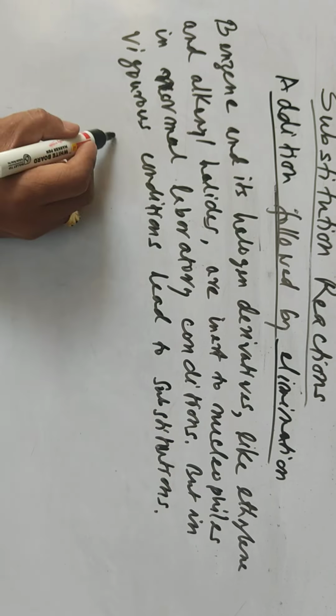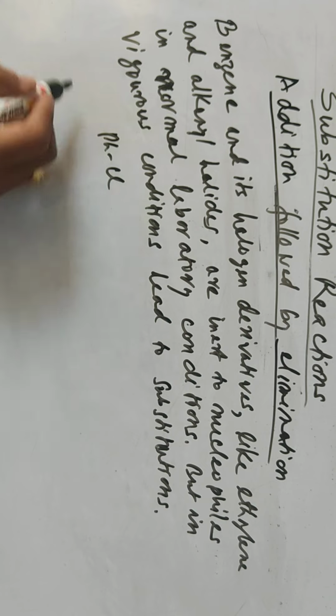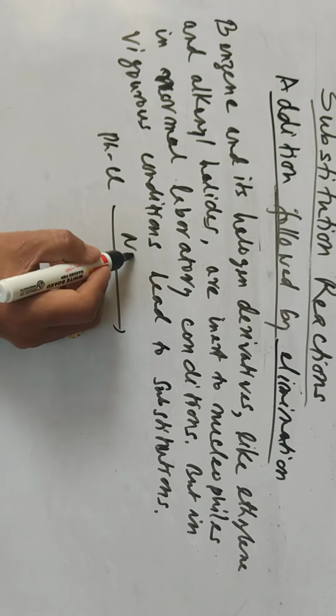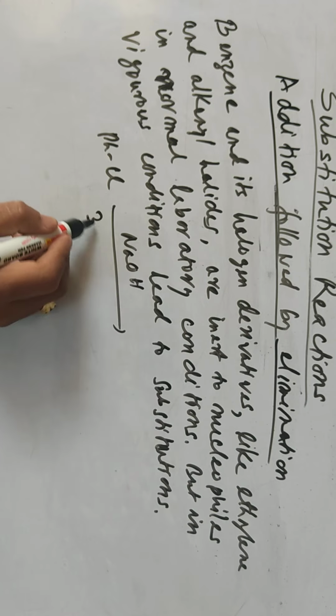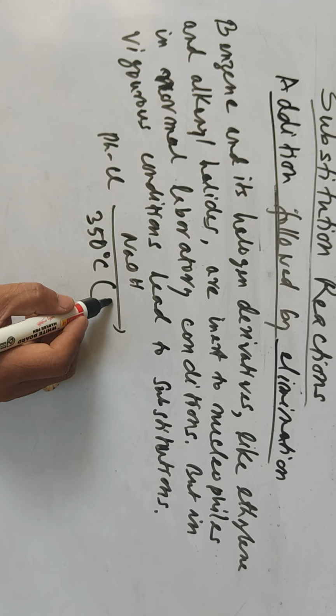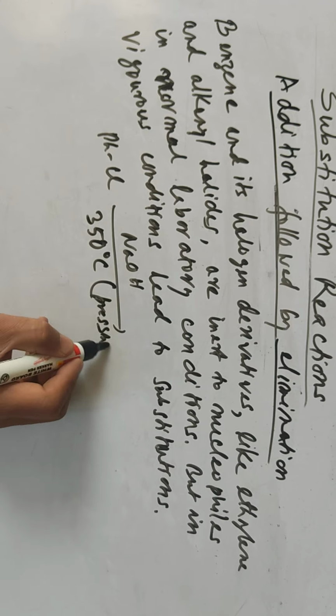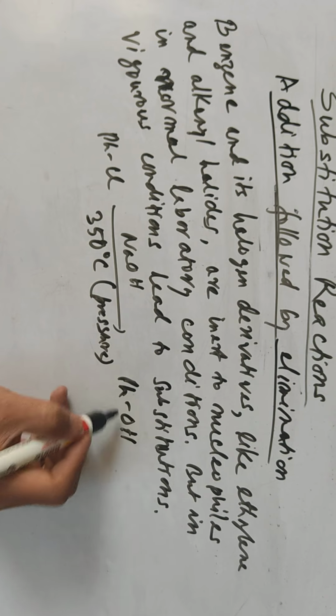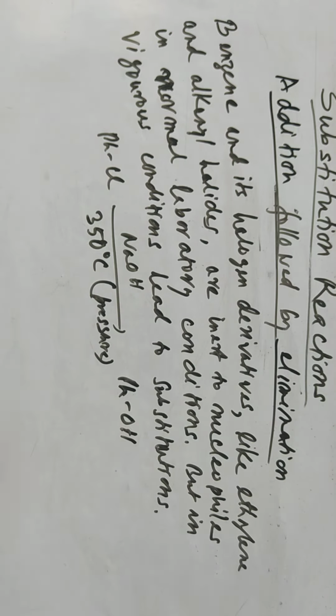For example, phenyl chloride, chlorobenzene, reacts with sodium hydroxide at high temperature and high pressure, and then you have phenol. Chlorobenzene undergoes substitution by the OH group at high pressure.